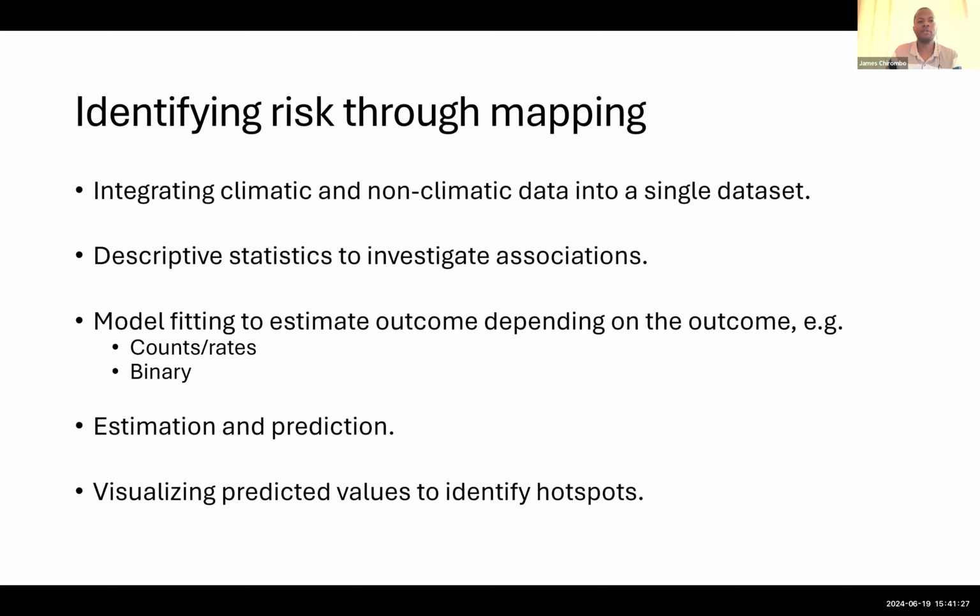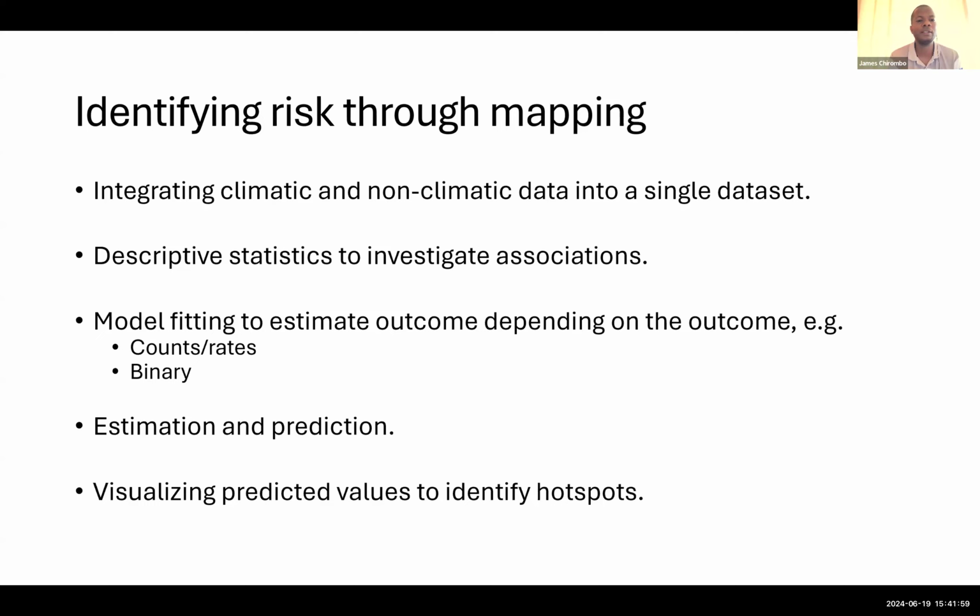Now, once you have identified the data sources, the next step is probably to have a combined data set, because mostly you are getting data from so many data sources and you can't use them as they are. Somehow it's nice to have them in a single database. So you have to integrate the data, both climate and non-climatic, but also the disease data, into a single data frame or data set.